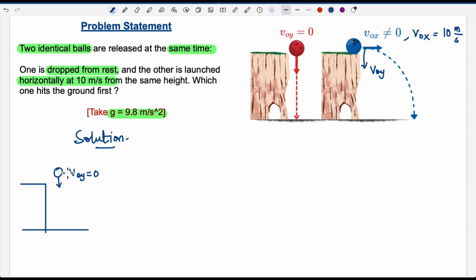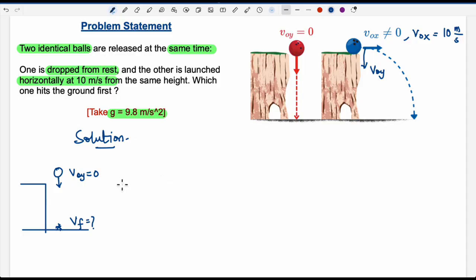Because it wasn't tossed downwards or given any horizontal velocity, the speed with which it will fall will start from 0, and then this speed is going to increase until this ball hits the ground, and it will hit the ground with some final velocity, which we don't know right now.